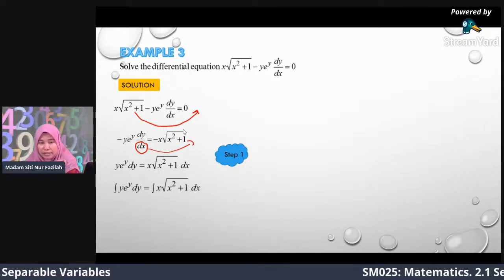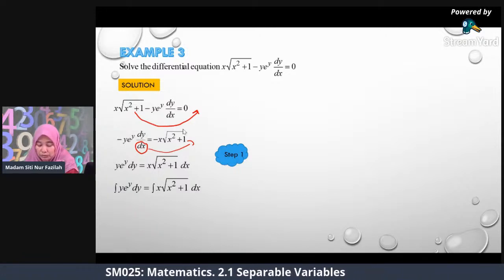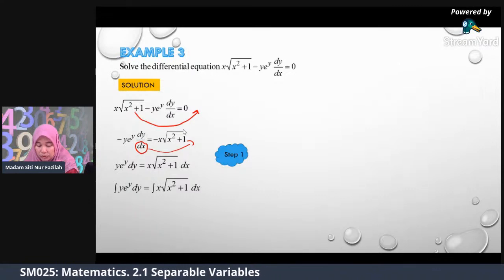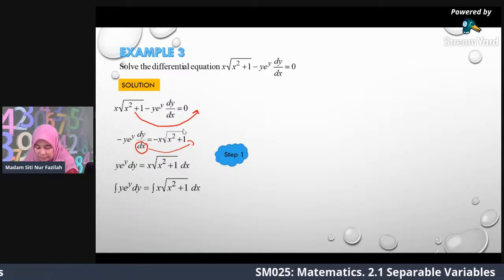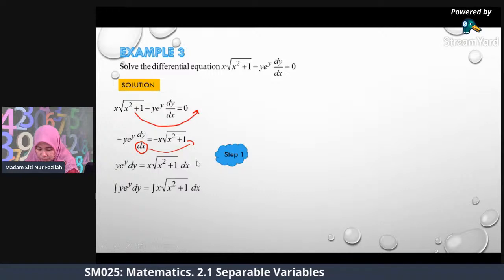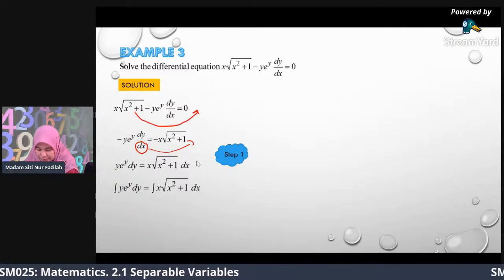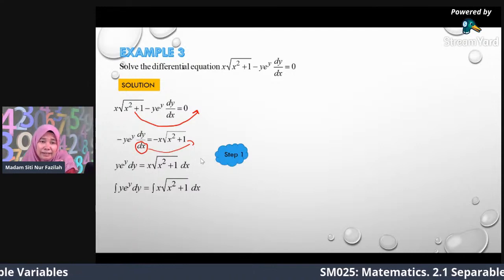Next we need to integrate both sides. The equation becomes integrate y e^y dy equal integrate x√(x² + 1) dx. When we look at the left side and right side, we know that we cannot integrate directly.